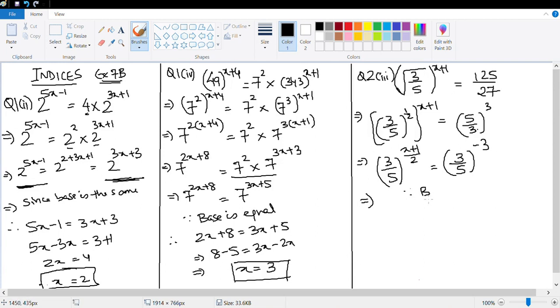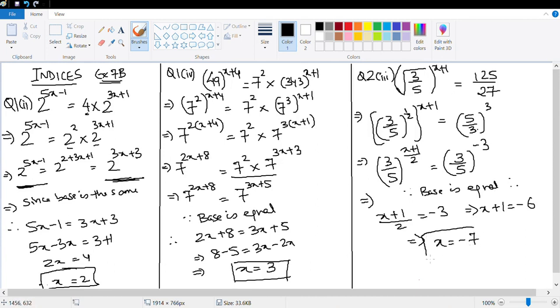Since base is equal, therefore x plus 1 upon 2 is equal to negative 3, which means x plus 1 is equal to negative 6, which means x is equal to negative 7. Perfect. Let's move on. Let's solve the next question.